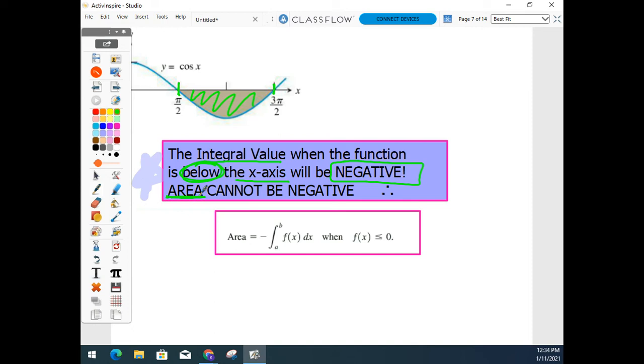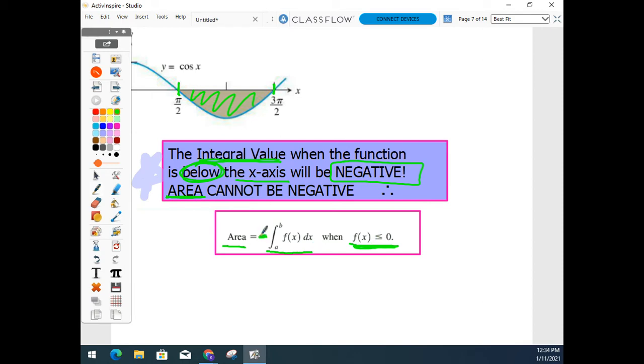We never have a negative area, but the integral value can be negative. So let's think about that. That means if the function is below the x-axis, if the function is negative, the integral is negative.